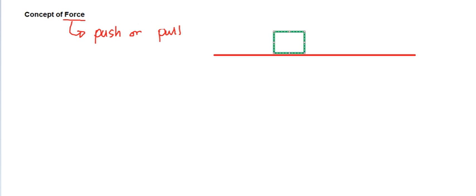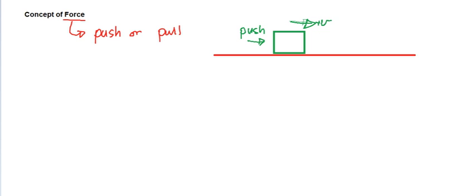If you wanted to move this object to the right, all you have to do is apply force, or what we call to push this one. If you push the object, then it will gain velocity and it will move towards, say, the positive direction. That is why you have positive velocity.